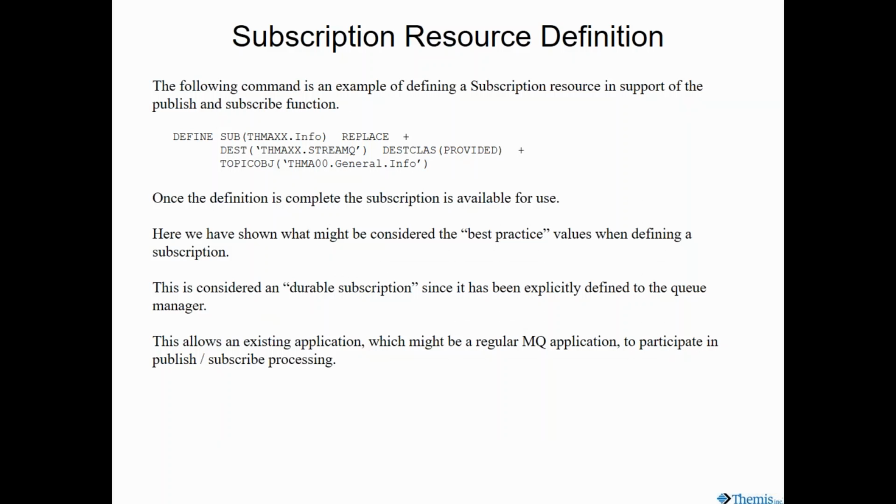Okay, if you are going to define topics yourself, I would recommend that you do the text form as opposed to using Explorer, simply because that way I've got a permanent record of that. If I use MQ Explorer to define topics, they're remembered in the repository queues, right? The system queues that are repositories.